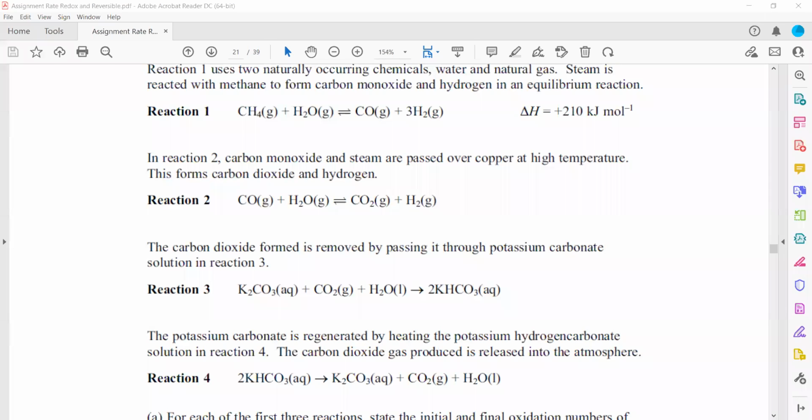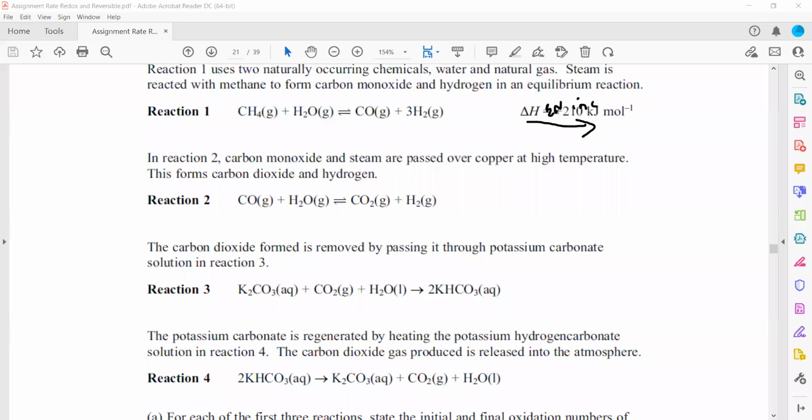When we write the oxidation number, hydrogen and carbon, first we have CH4. Whenever two non-metals are there, when we move across the period, what happens? Electronegativity increases.